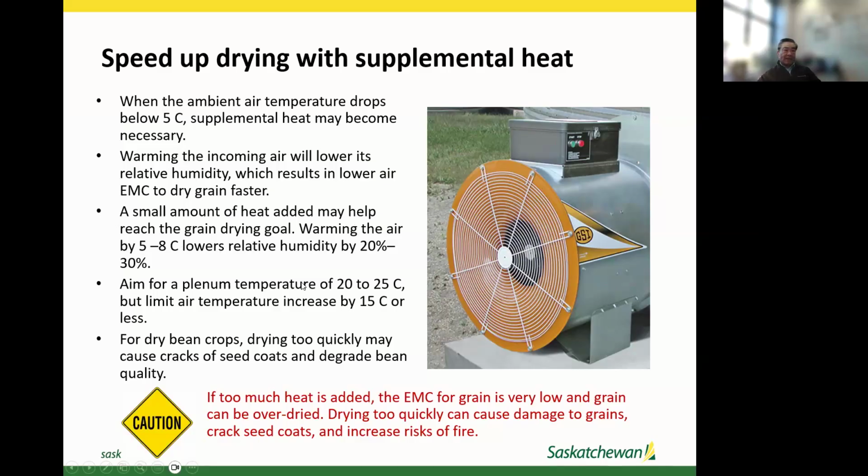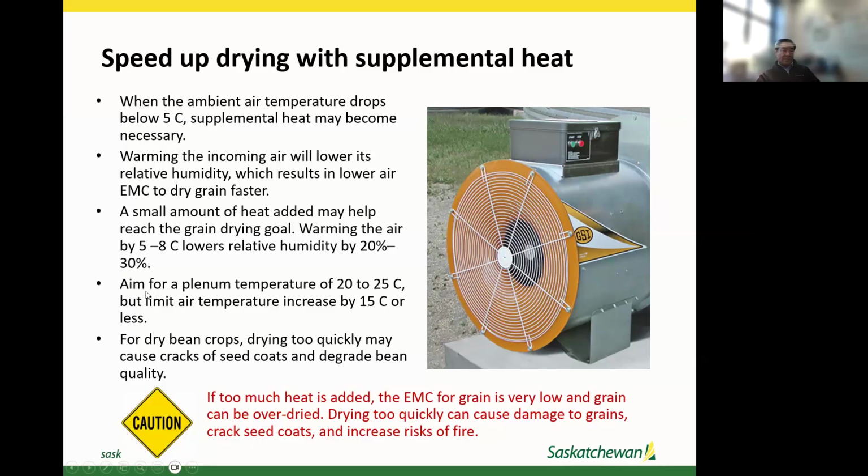Warming the air by 5 to 8 degrees would lower the relative humidity by 20 to 30%. So if temperature increases by 20 degrees, the relative humidity would be reduced by about 50%.